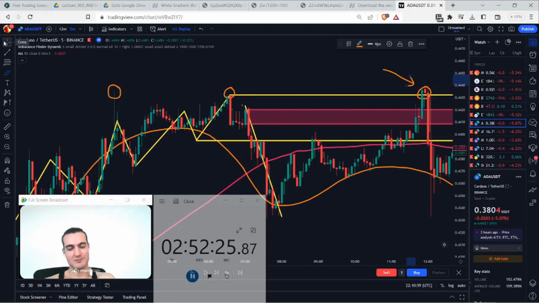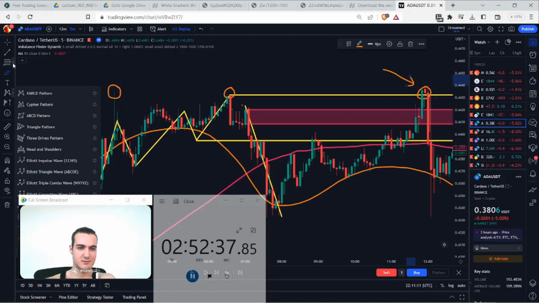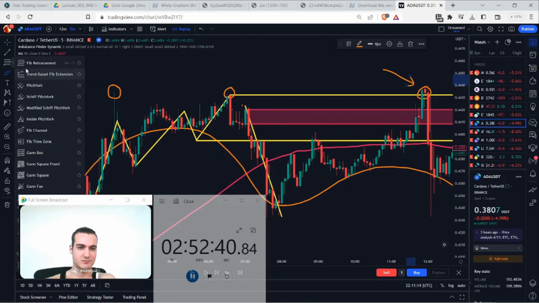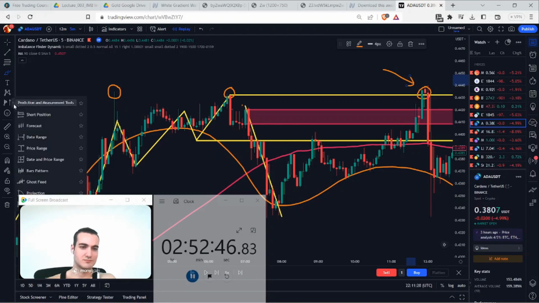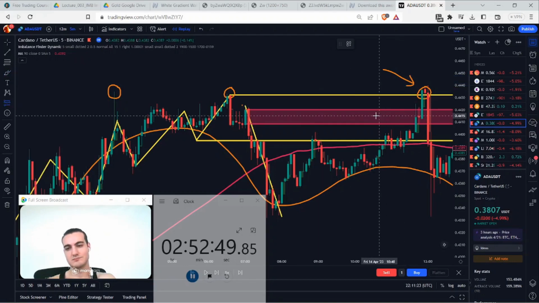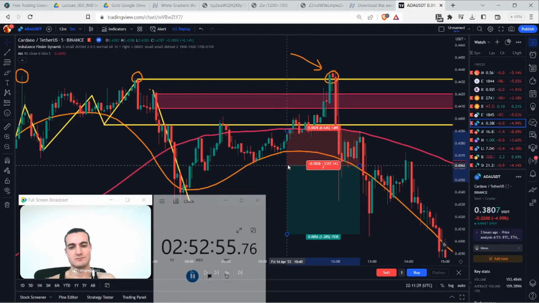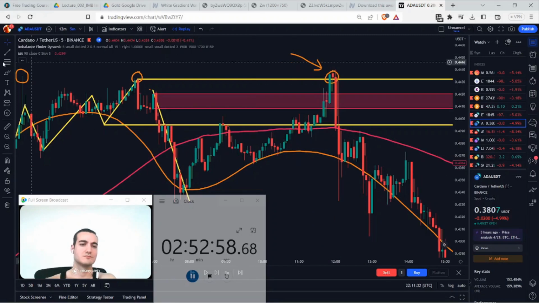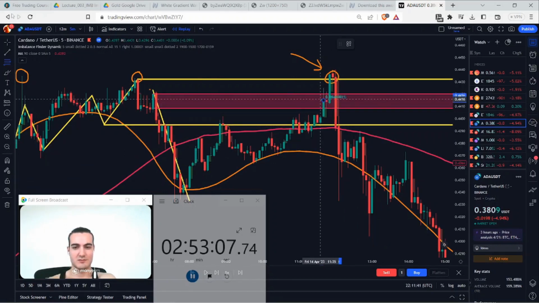In any event, we were to have entered a short, let me find it. Somewhere in here, we'll say right in the middle. I'll try to time it.